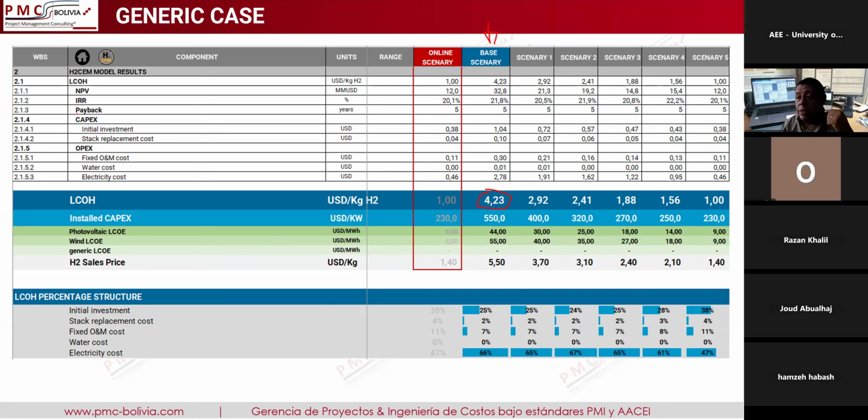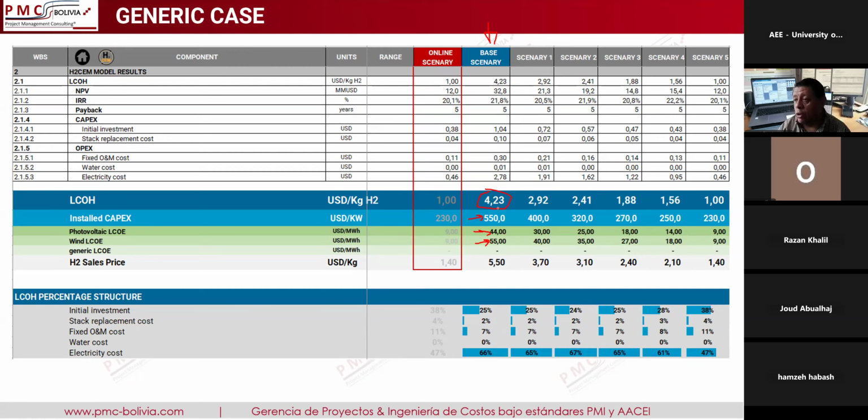Okay? With these considerations, installed capex of electrolyzers is $550 per kilowatt, the cost of photovoltaic energy is $44 per megawatt hour, and for wind the LCOE is 55. With these most important input variables, we get $4.23 per kilogram.